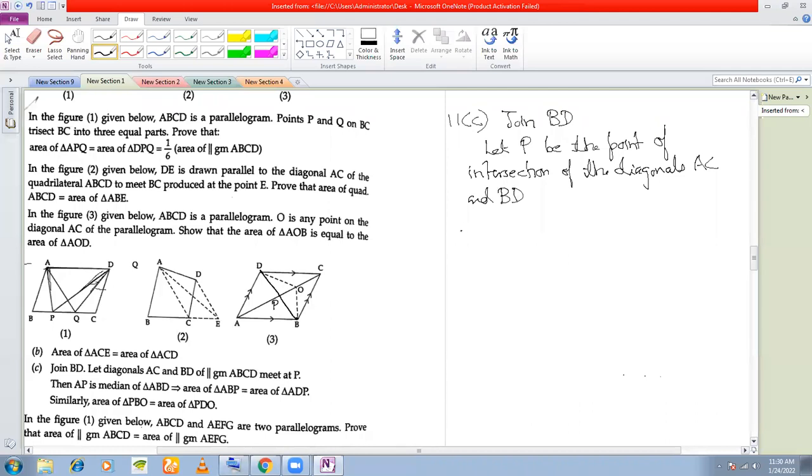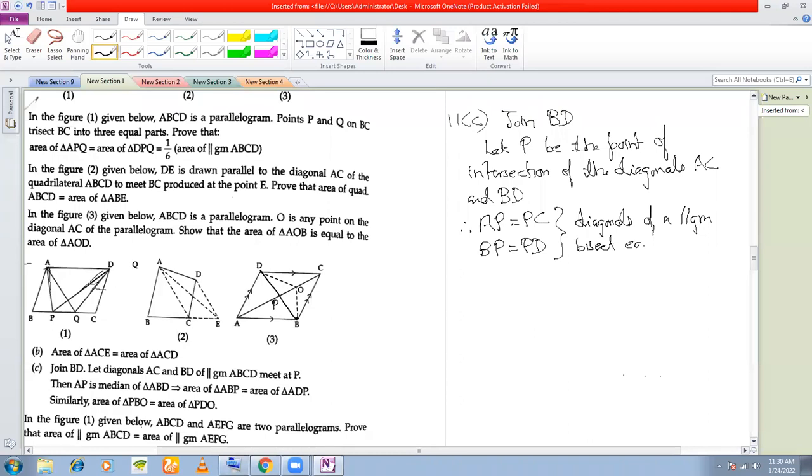Therefore, what can we write? Therefore, AP must be equal to PC, right? Why should AP be equal to PC? And why should BP be equal to PD? Tell me. Because diagonals of a parallelogram bisect each other, isn't it? Right or wrong?